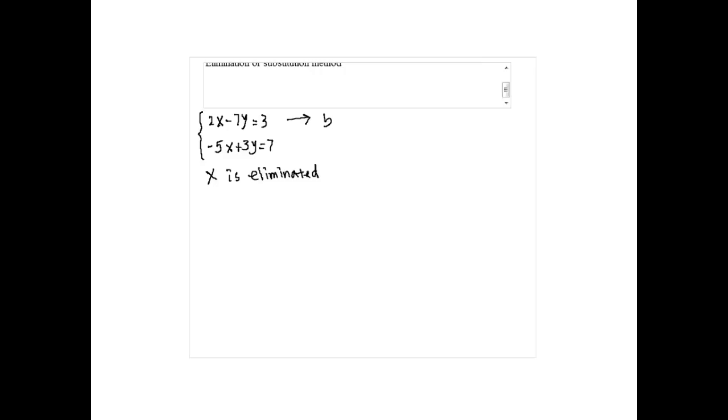We are going to multiply 5 on the top equation, and we will multiply 2 on the bottom equation so that the coefficients of x will be opposite.